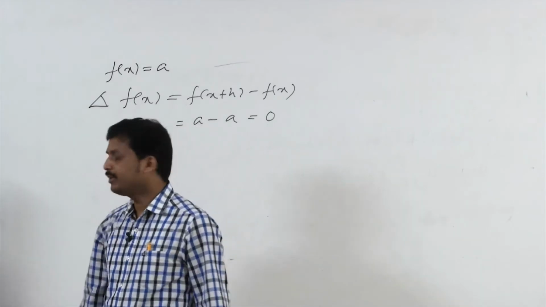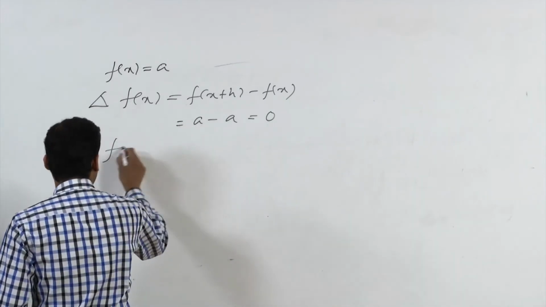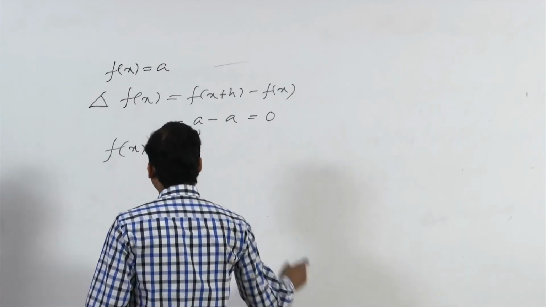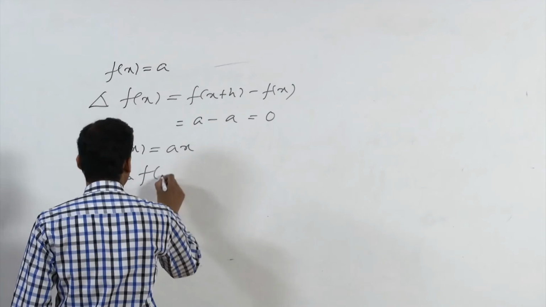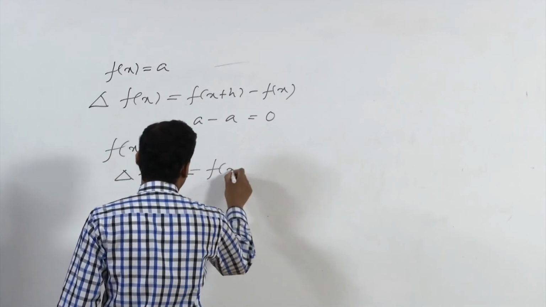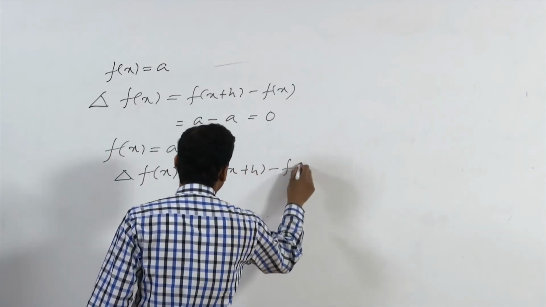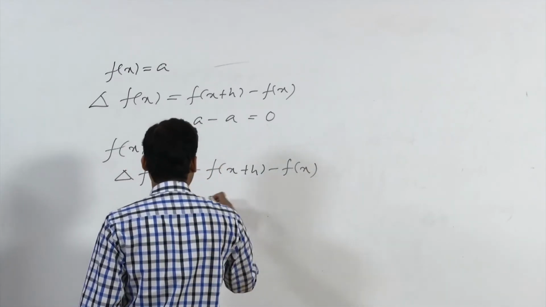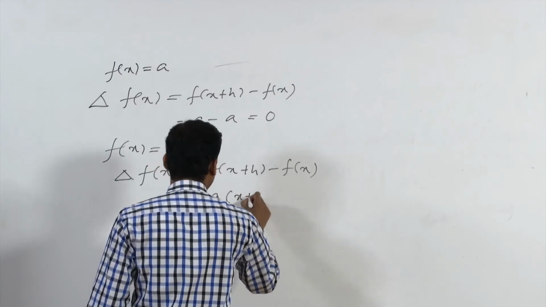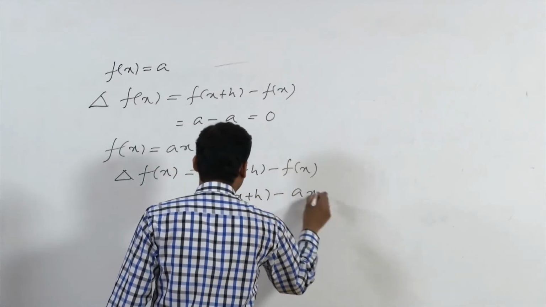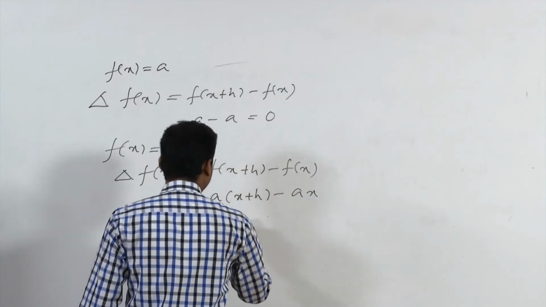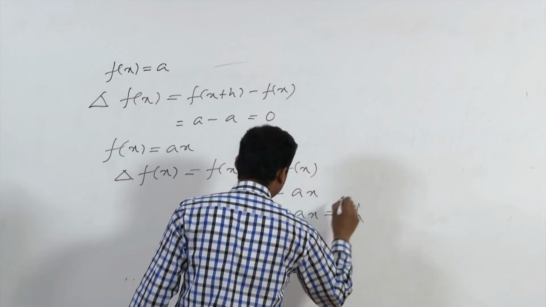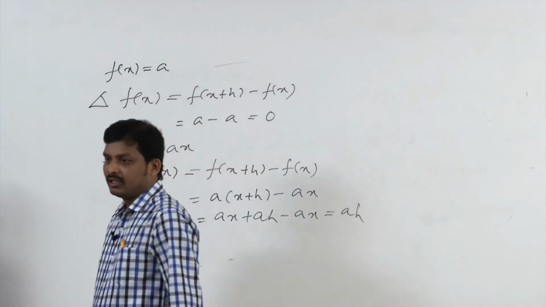Next, if I express f of x equals ax, that is a polynomial of degree 1, then delta of f of x is f of x plus h minus f of x, and since f of x plus h is a into x plus h, minus ax, this is ax plus ah minus ax, which is ah.